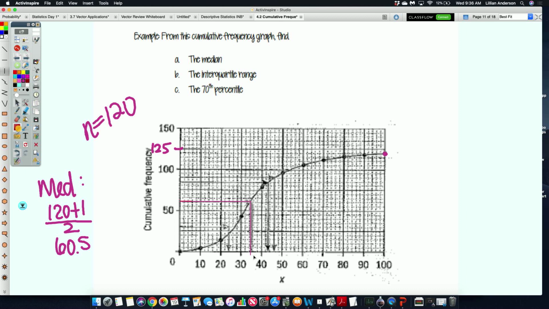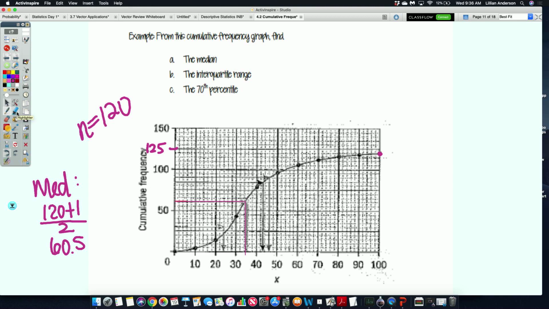So this can either be 34 or 35 because the copy is not that clear, but it definitely doesn't go to this point here. It's right before. So you can either say 34 or 35. No, don't do that. Just commit. I'm only going to say 35. What's my interquartile range formula?